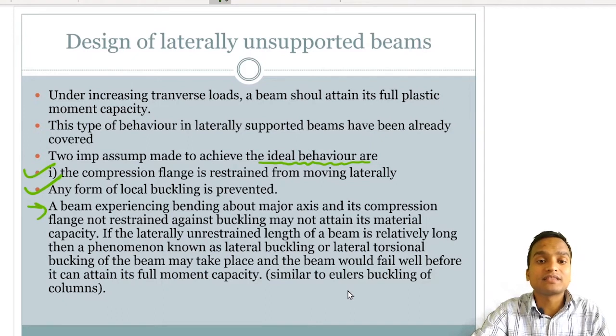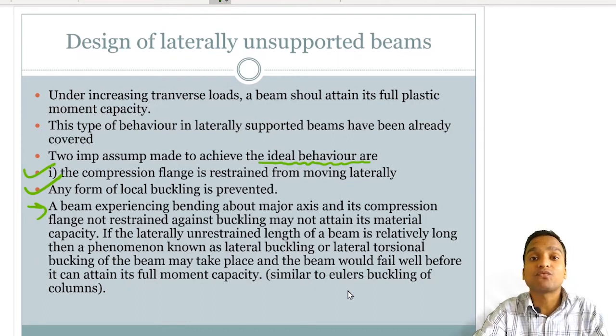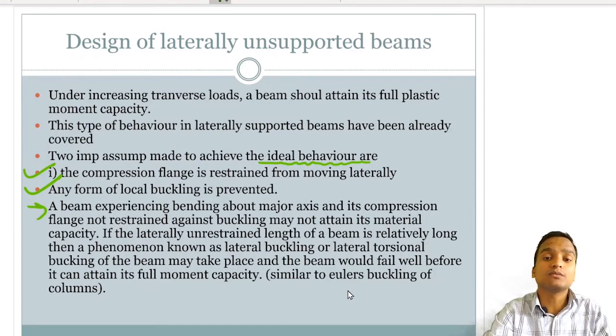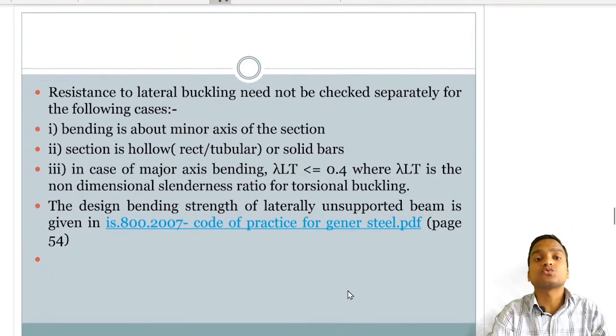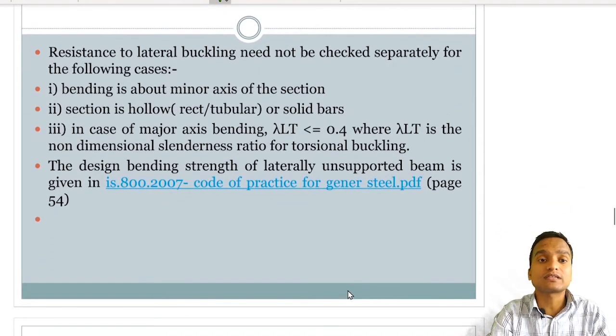That is the phenomenon of lateral buckling or lateral torsional buckling of beam, and the beam would fail well before it can attain its full moment capacity. It's similar to the Euler buckling of the column. In that case the resistance to lateral buckling needs to be checked separately.